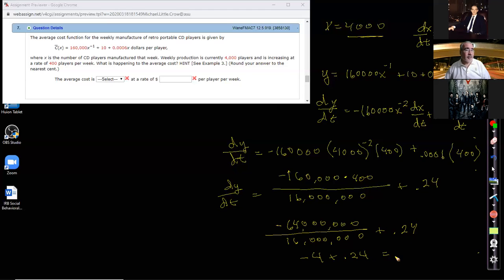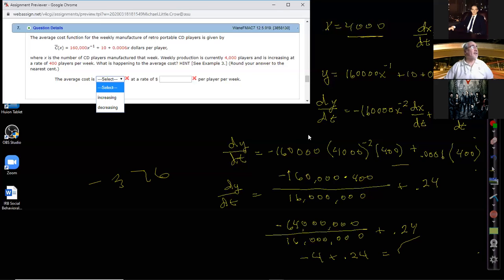So when you add those together, we get negative 3.76. Let's plug that in and see if that works. It's negative, so we know it is decreasing.